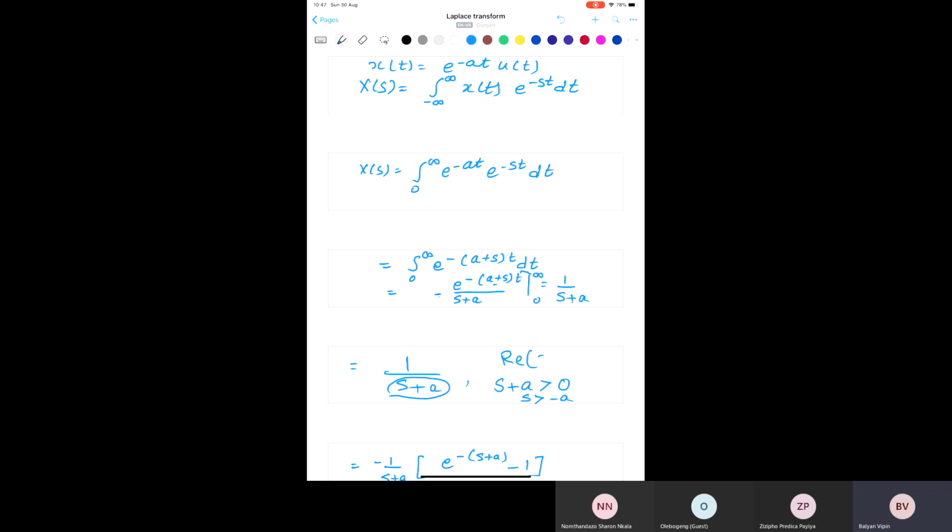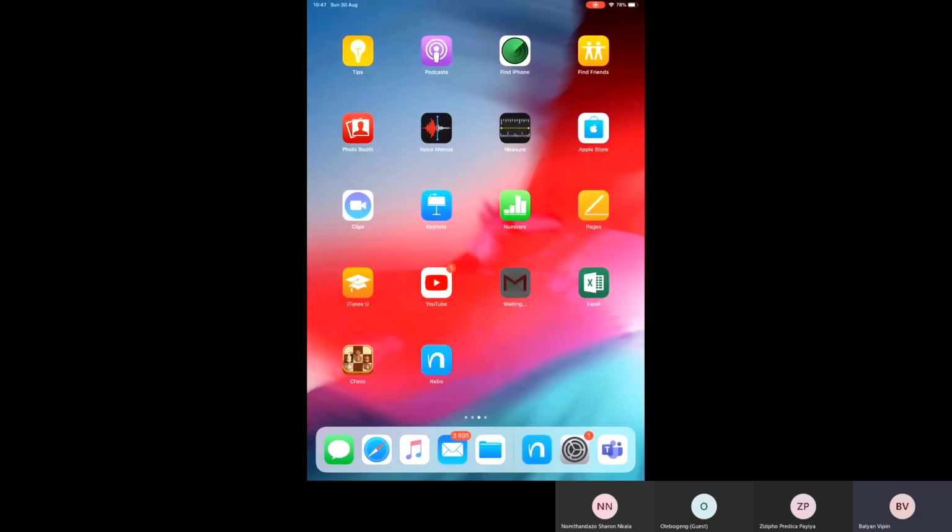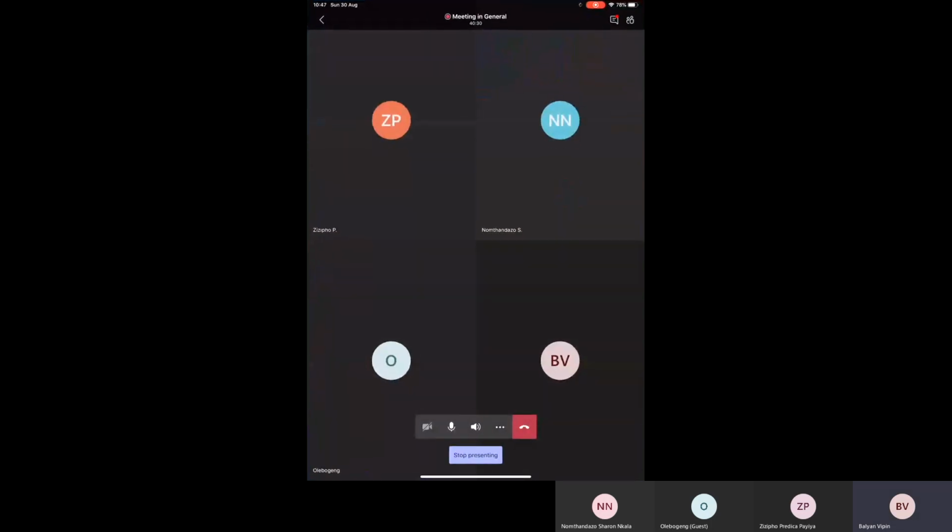You can write it as real part of s greater than minus a, or as s greater than minus a. Both answers are going to give you the same marks for this attempt. Now I want you to ask any questions you have regarding it, and you can tell me where I need to go, and then I'll explain according to that, and then we can take a five minutes break.